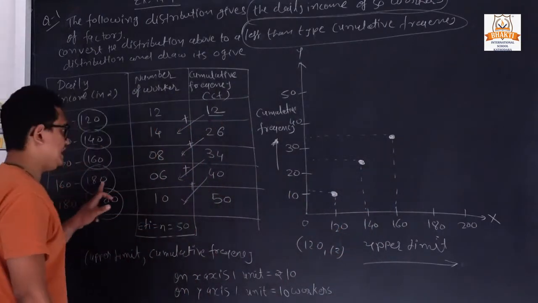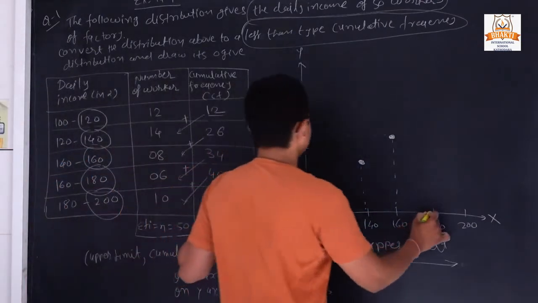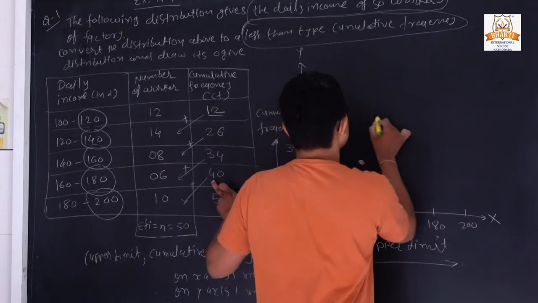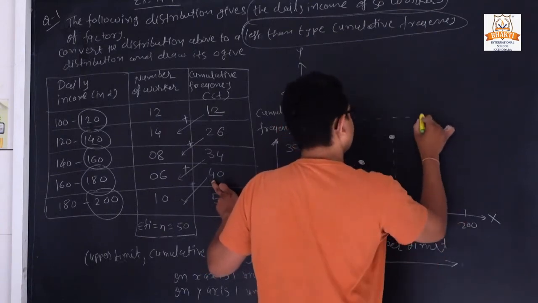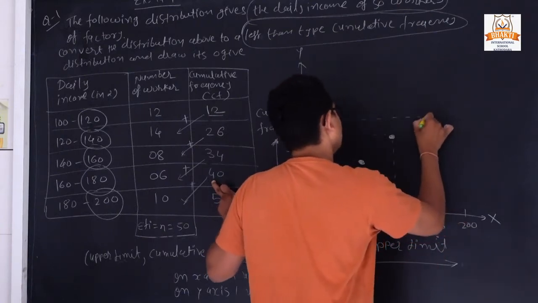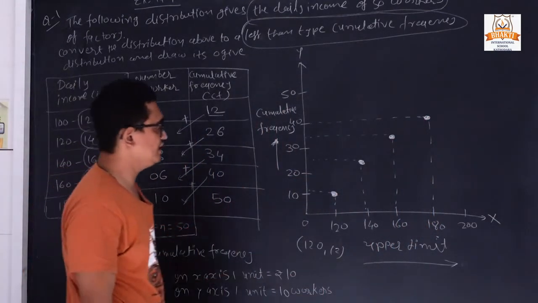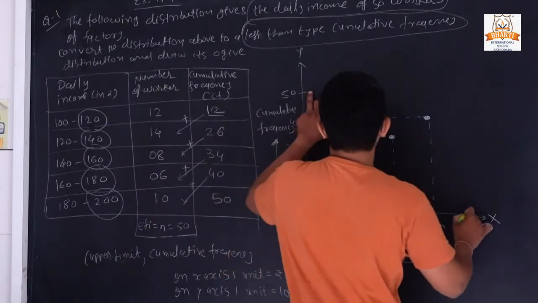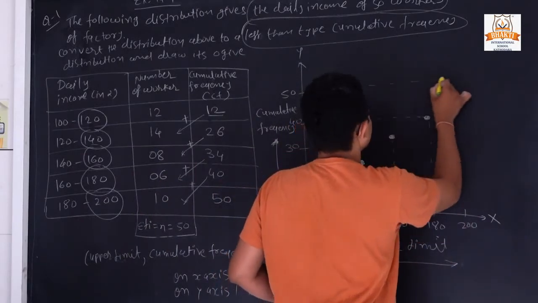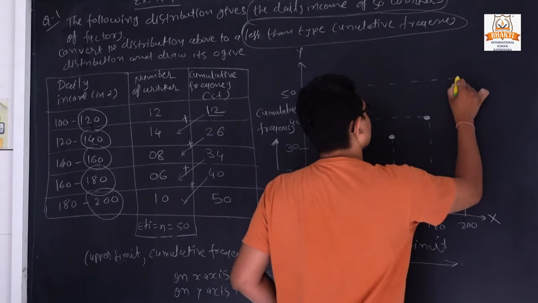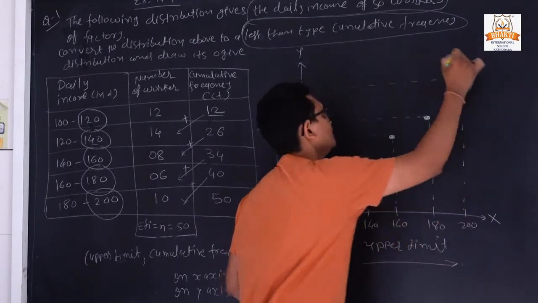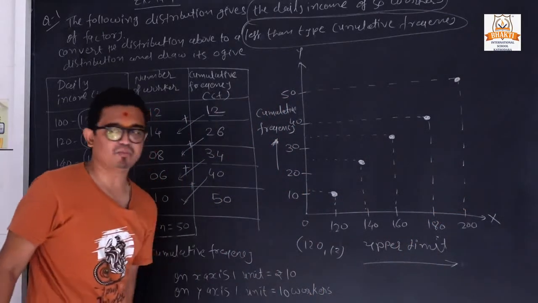Then next 180 comma 40. So 180 and 40 is here. Next 200 comma 50. So it is here. So we can get all the points.